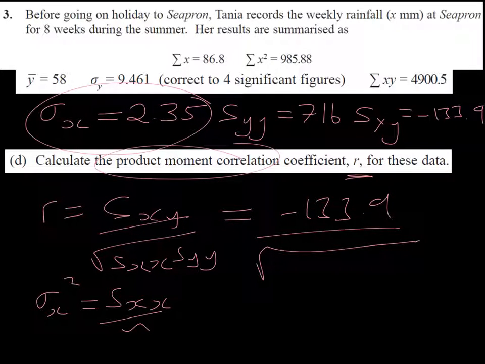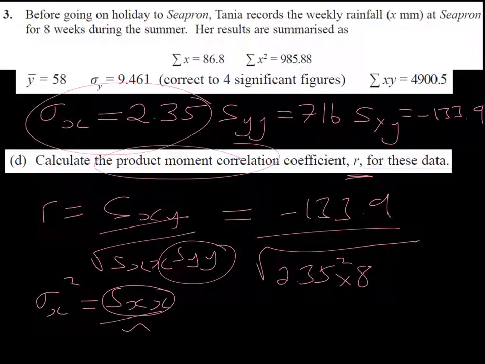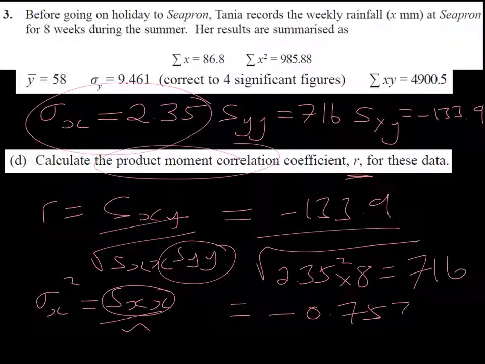So therefore, if we want to find the value of Sxx, we're just going to take the variance, which is going to be 2.35 squared, and multiply that by n, which is 8. We then need to multiply that by Syy, which we have already found to be 716. And if we calculate that, we end up with a value for R of negative 0.753.